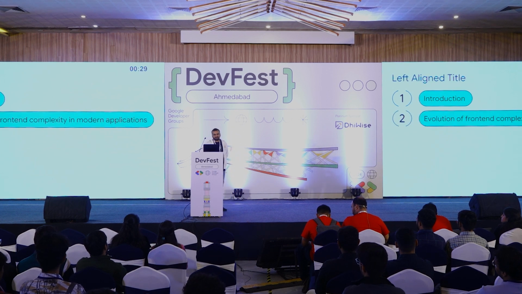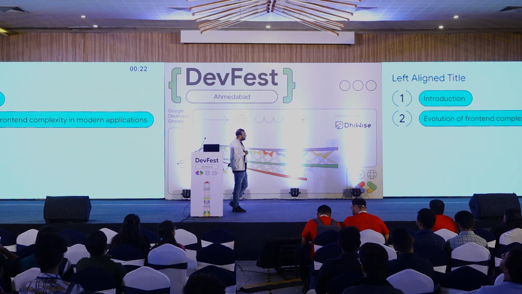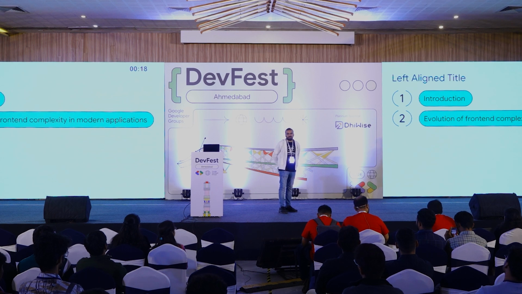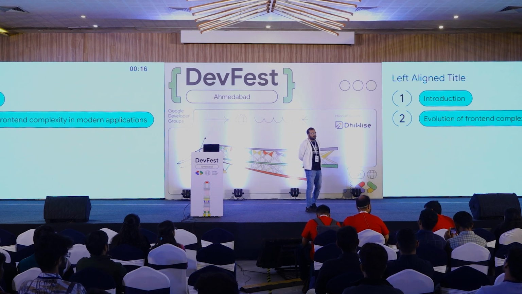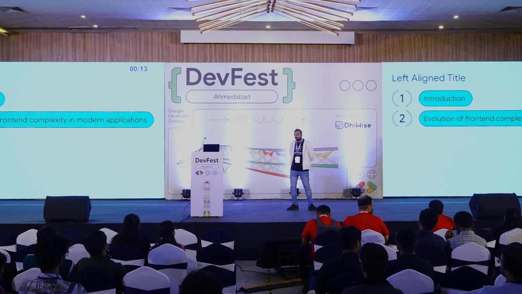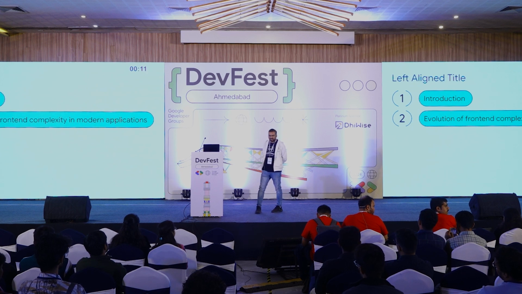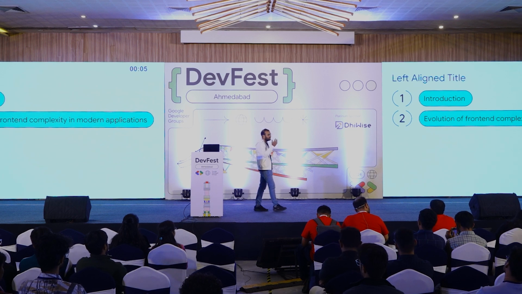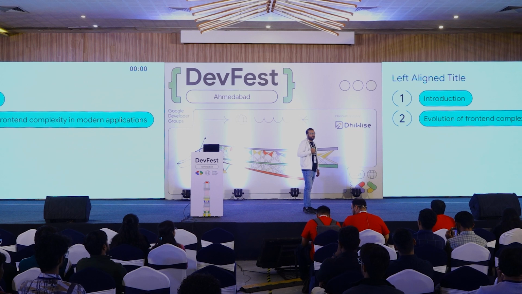Second is evolution of front-end complexity in modern applications, right? So as I said, mostly I see younger faces, but those who started their career 10, 15 years back, as I said, it was very simple. And nowadays, almost there is everything, right? Even back then, if you did some sort of drag and drop, it seemed like magic, right?